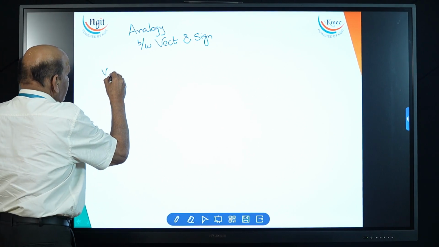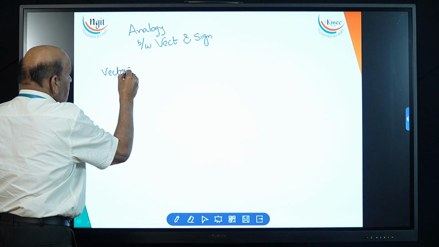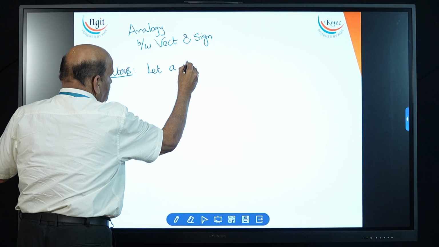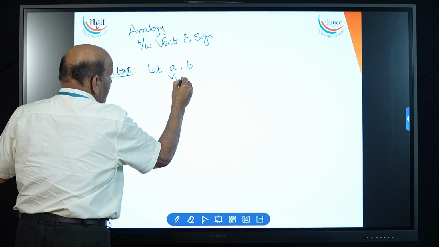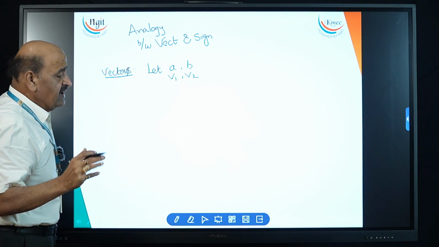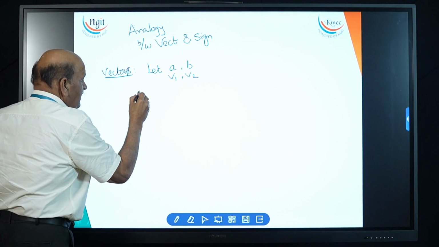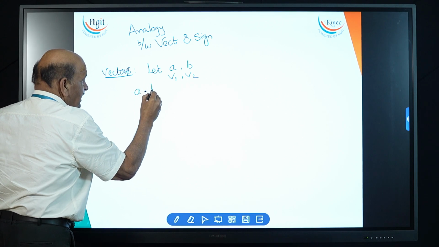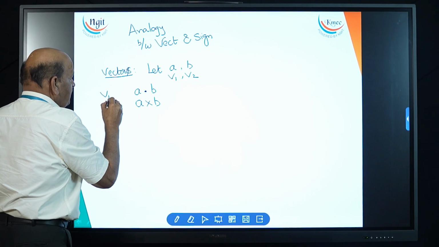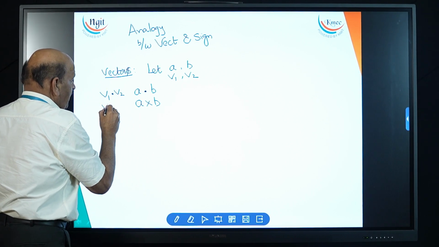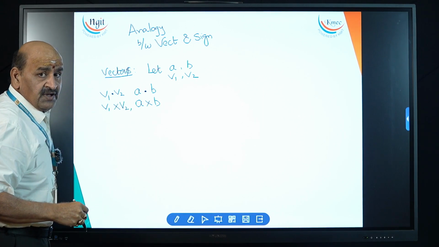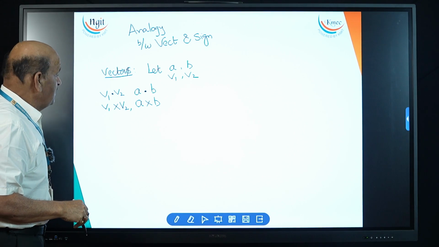Now regarding vectors, let A and B be two vectors, or V1, V2 be two vectors. There we already learnt some formulas, A dot B, A cross B, or vector V1 dot vector V2, vector V1 cross vector V2. These types of representations we calculated, and we came to know all these things.